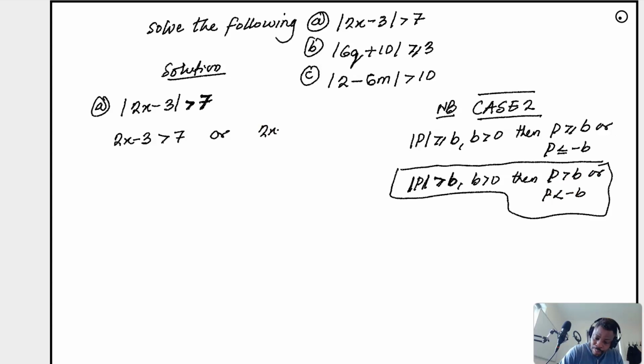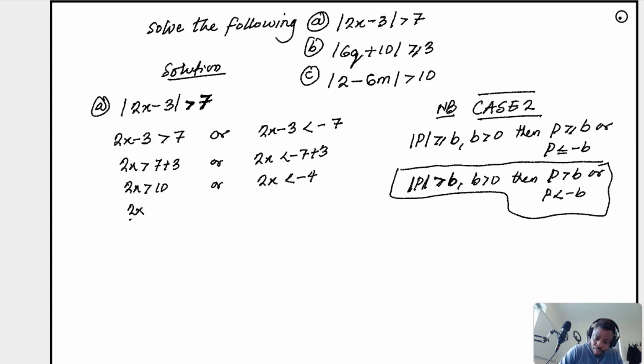So 2x minus 3 less than minus 7 based on this rule. So this is 2x greater than 7 plus 3, or 2x less than minus 7 plus 3. So this is 2x greater than 10, or 2x less than minus 4.